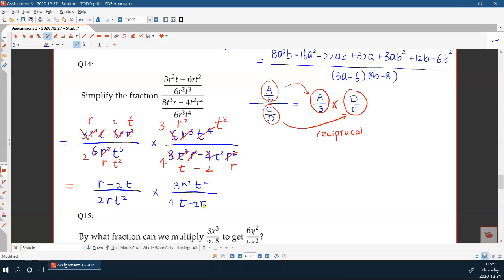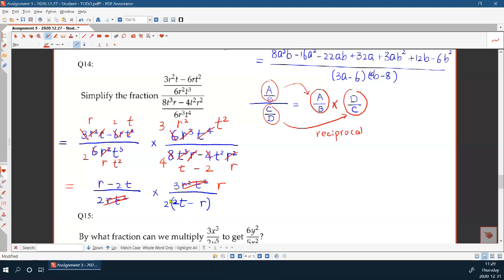4t minus 2r, we can factor it to 2 times 2t minus r. Then we can cancel RT squared, which leaves us R here.